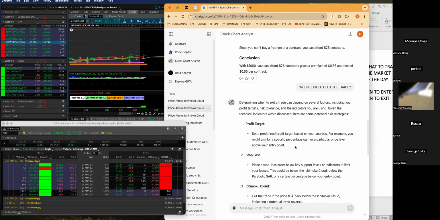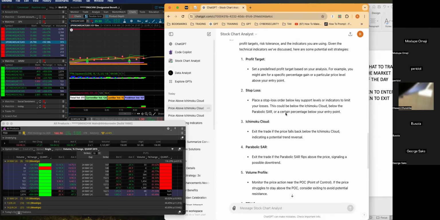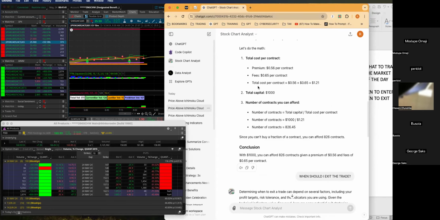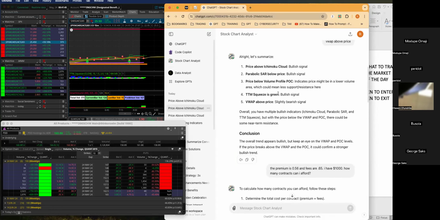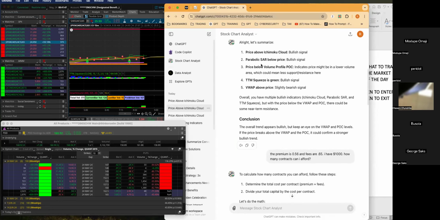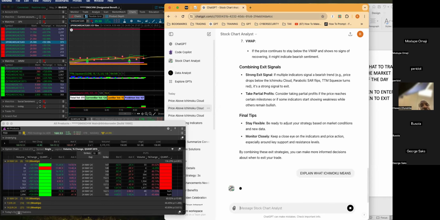You can ask it just about any question you want, whatever you're concerned with. You can even ask it to explain all of these things, like what is TTM squeeze, what is Ichimoku. For example, explain what Ichimoku means.